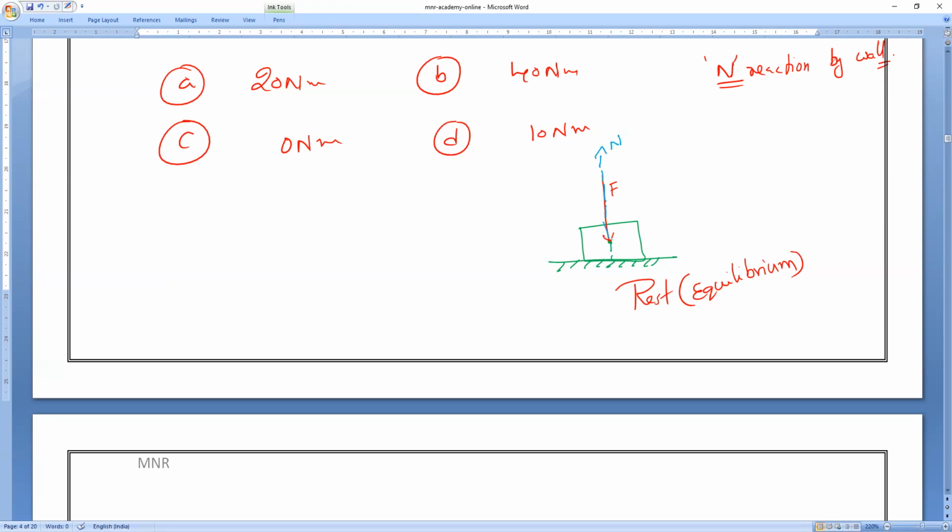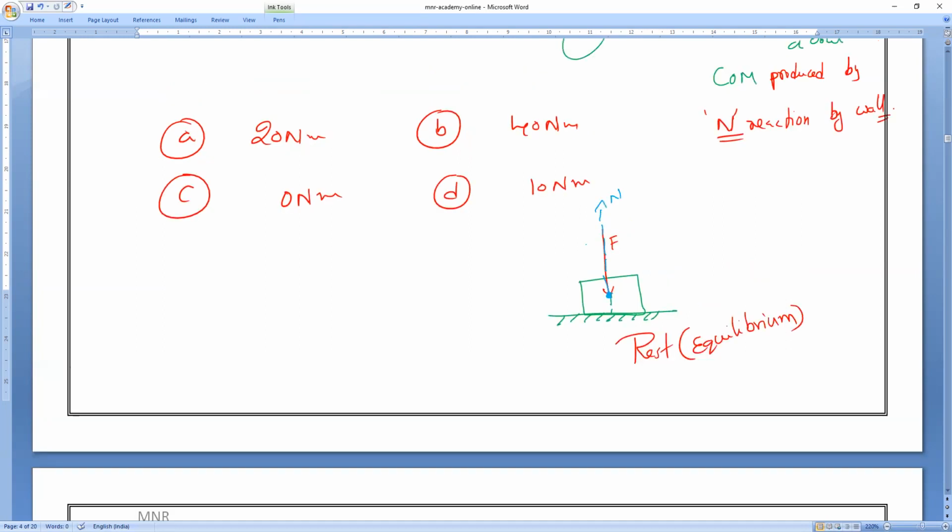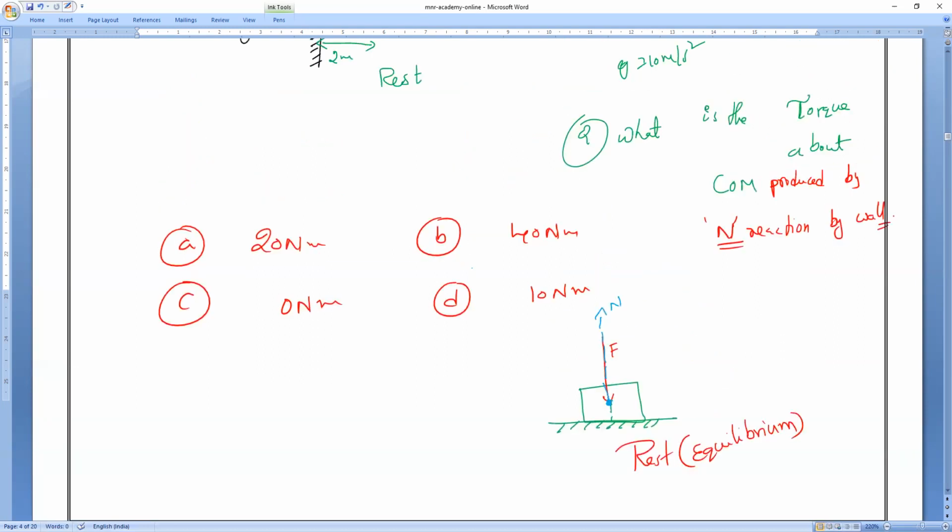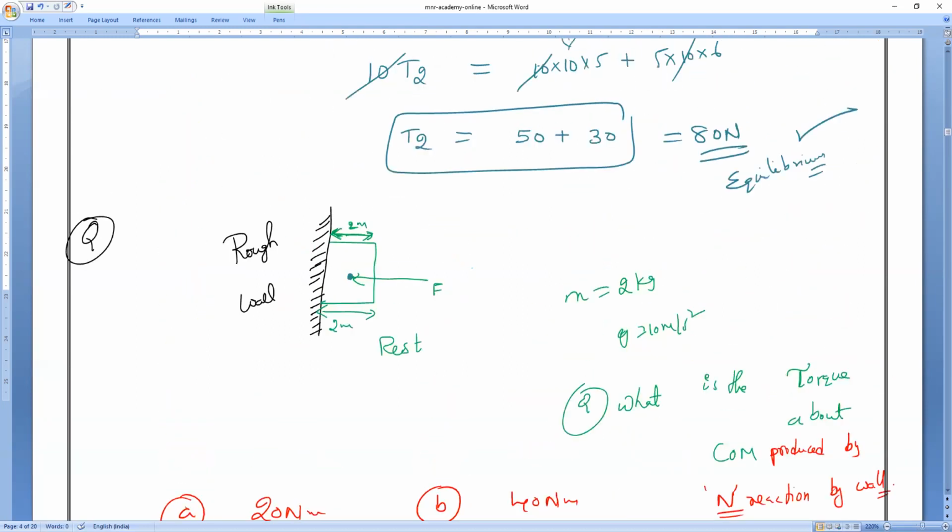If any force passes through the center of mass, we studied torque is equal to how much? Day before yesterday, 0, sir. 0. So the normal reaction exerting along the center of mass will be in this direction. So what is the torque? Torque is equal to how much?